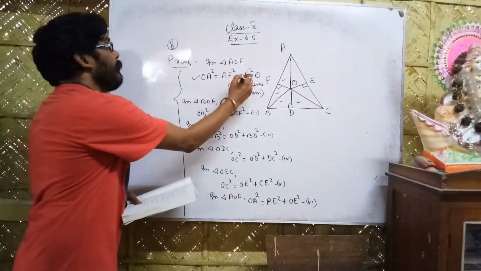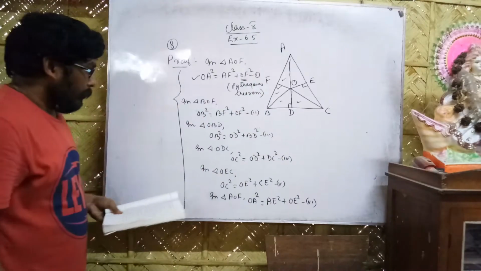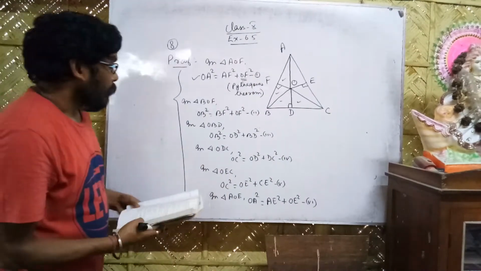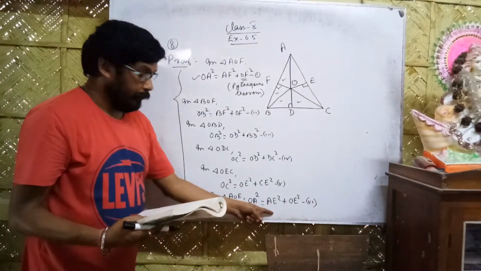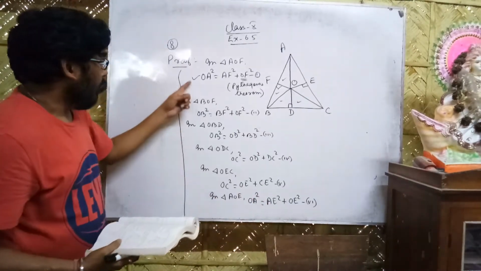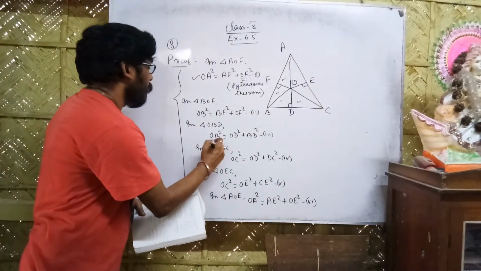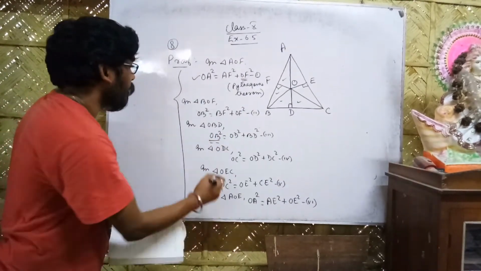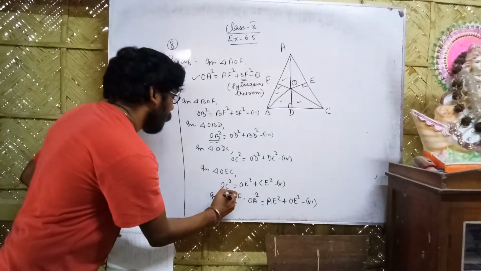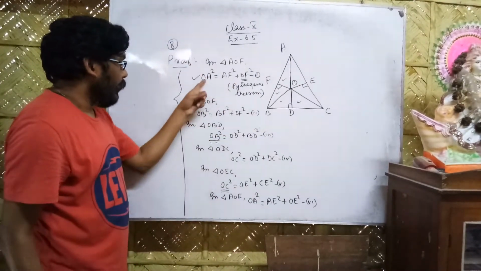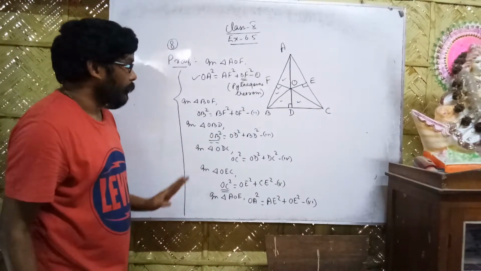OF is present here, and here OE is there. So OA, OB, OC: 1, 3, 5. If I take equations 1, 3 and 5, you will find OA, OB and OC.